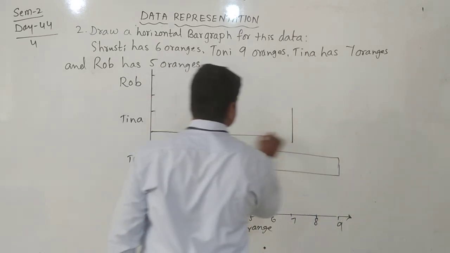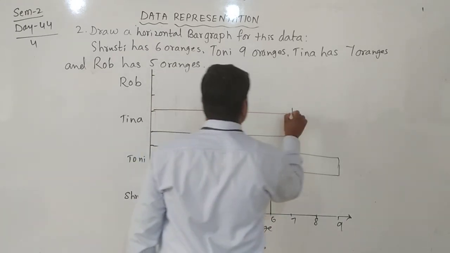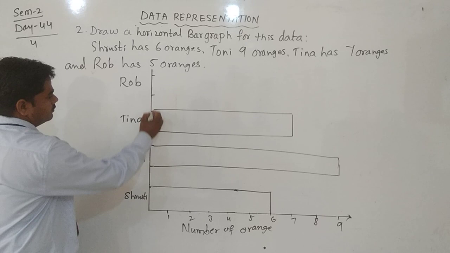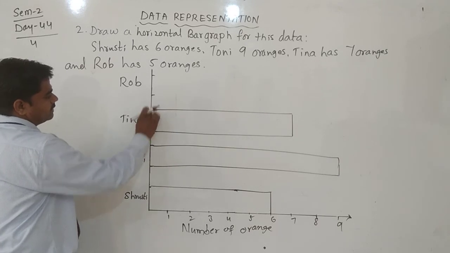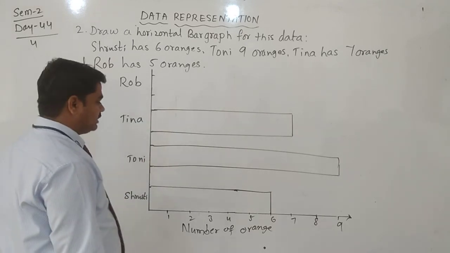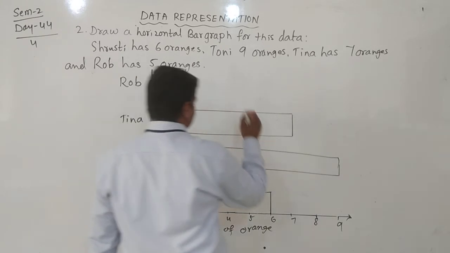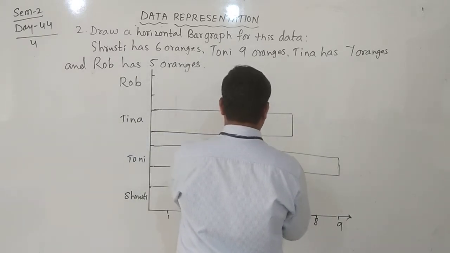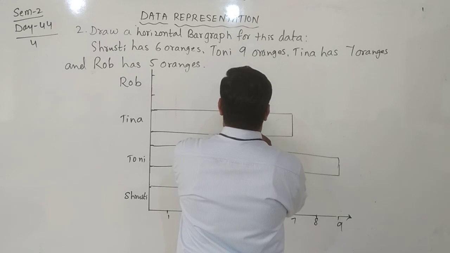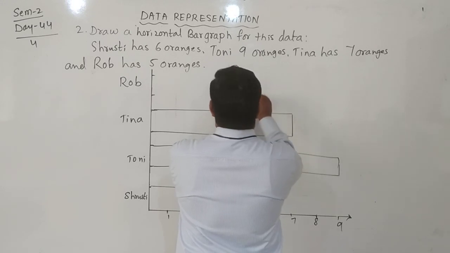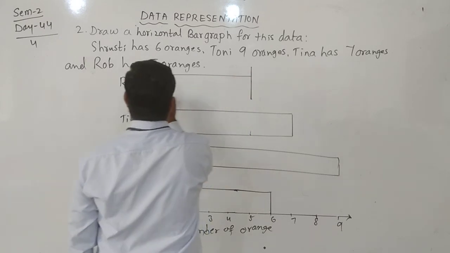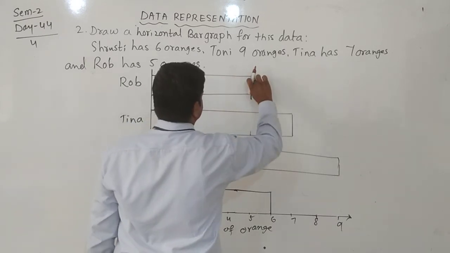This is the bar of Tina. Tina has 7 oranges. And last, Rob has 5. Up to here, these are the bars.